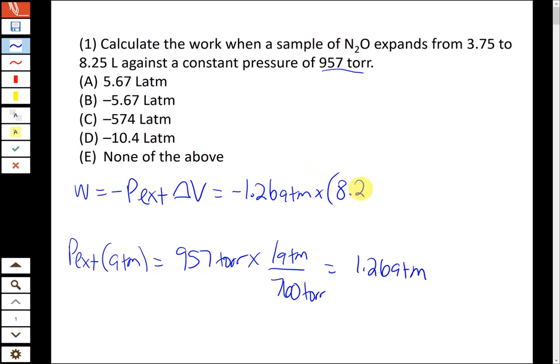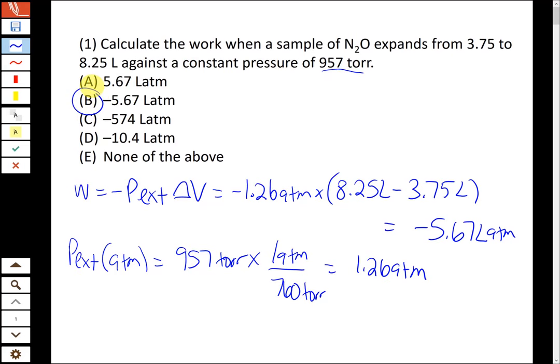So 8.25 is the final volume, and 3.75 is initial. When we multiply those out, we get negative 5.67 liter atmospheres. And that's the units that the answer choices are in. It's not the most standard unit for work or energy, but it's the one that we're using here. So we don't have to do any further conversions, and we can just select choice B.